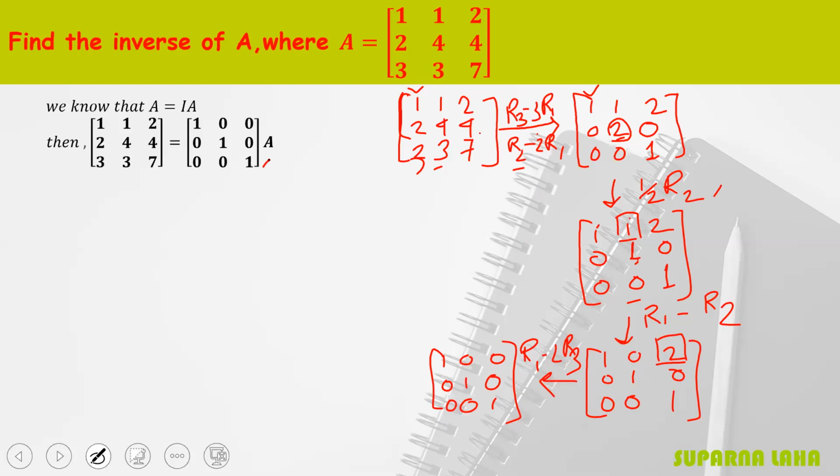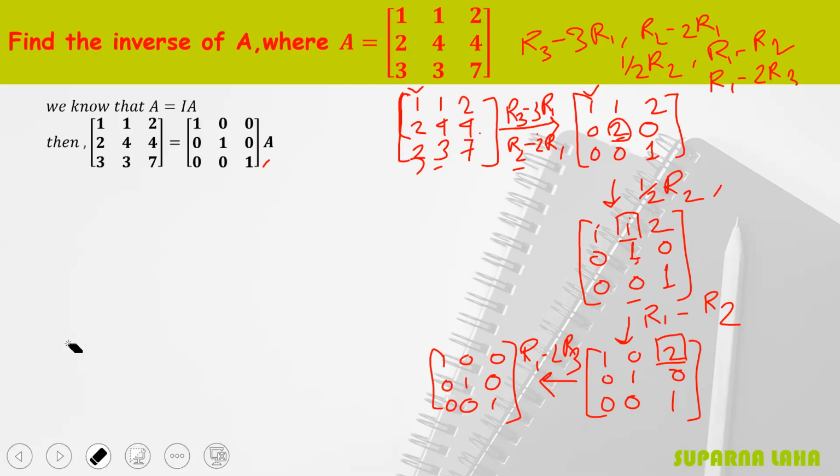So firstly, apply these two operations, R3 minus 3 R1, then R2 minus 2 R1, then half of R2, then R1 minus R2, then R1 minus 2 R3.